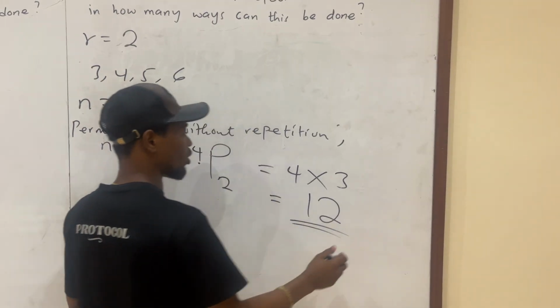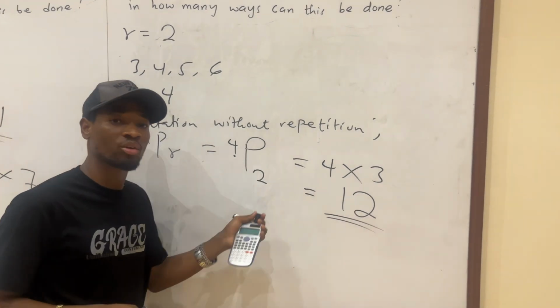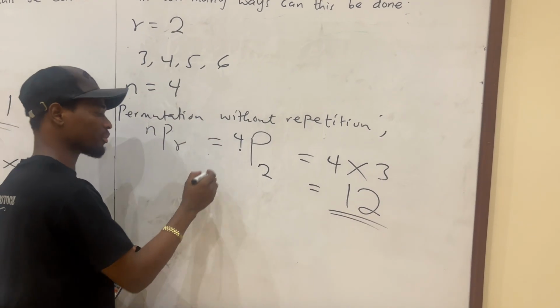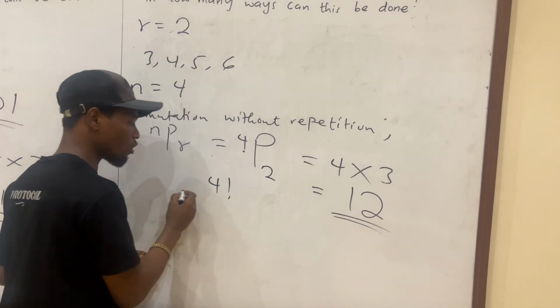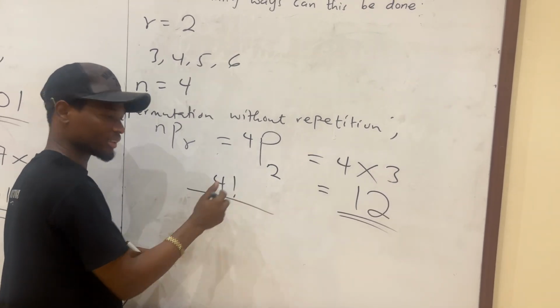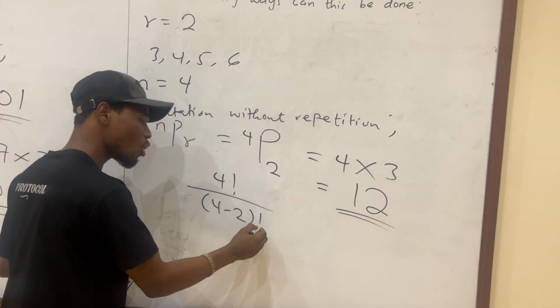If this trick does not favor you, just go by the formula: 4 factorial over 4 minus 2, all factorial.